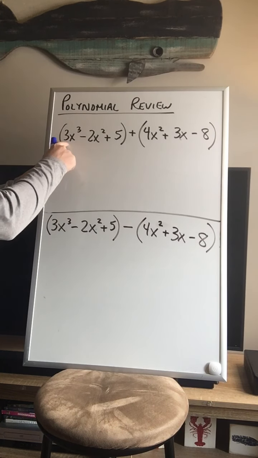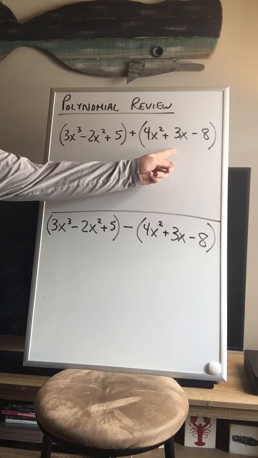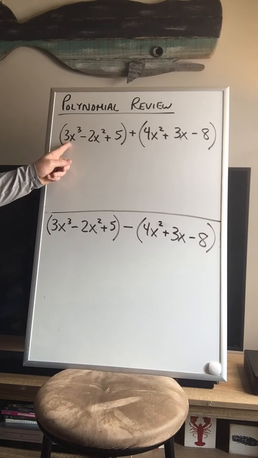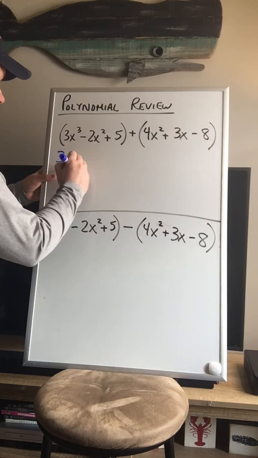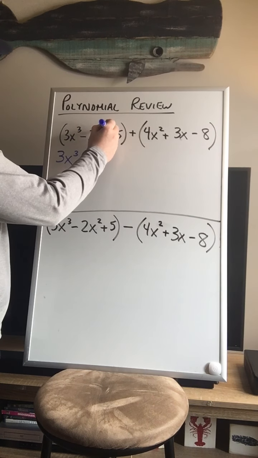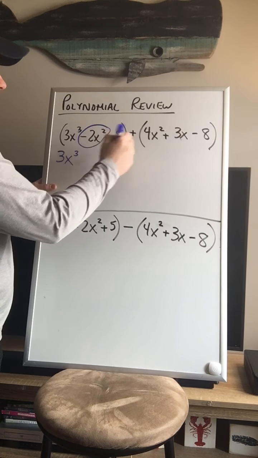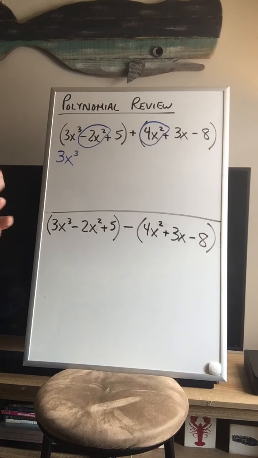So the 3x cubed, there is no like term over here that goes with it. So the 3x cubed doesn't have anything to combine with it. So it's just going to stay 3x cubed. Now if I look here, I have a minus 2x squared, and then I go over here and I have a plus 4x squared. So I can add those together because they are like terms.